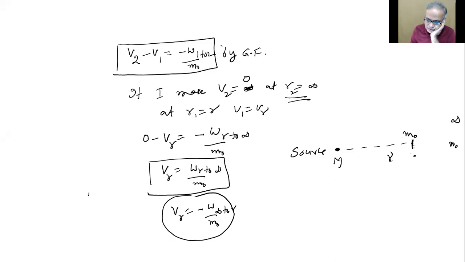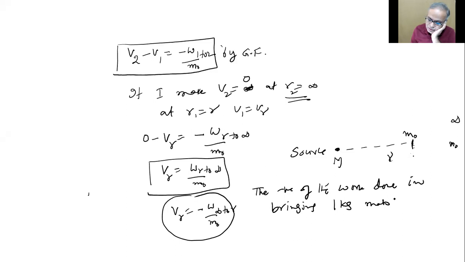Some work will be done. The negative of that by m naught is what you call potential. So that is the negative of the work done in bringing 1 kg mass by gravity.